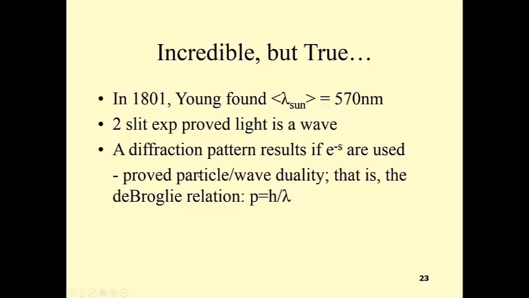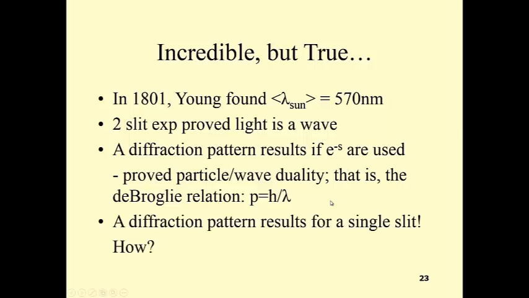Now this proved one of the things about particle wave duality, which wasn't actually proven until much later, but this whole idea of whether light was a wave or a particle comes from this experiment. And you get a de Broglie relationship for the particle's momentum, which is a function of the wavelength.